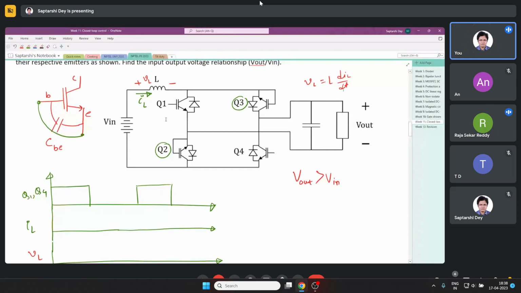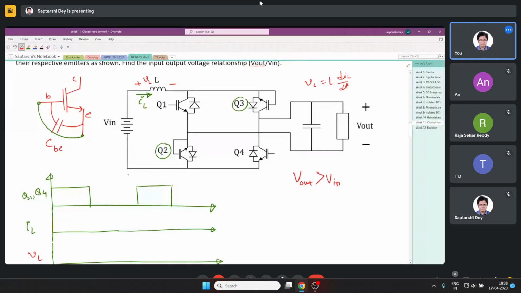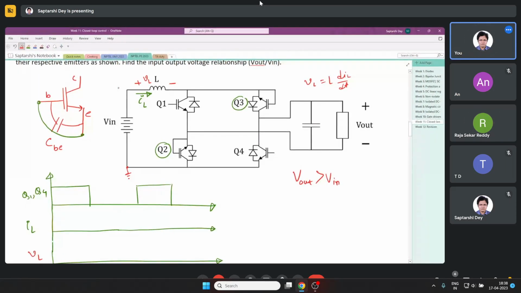Now when Q1 and Q4 are like this, what is VL? If I talk in terms of this ground, this is V in, and this side is minus V out. This port is connected here, so this is shorted, so this is at ground.